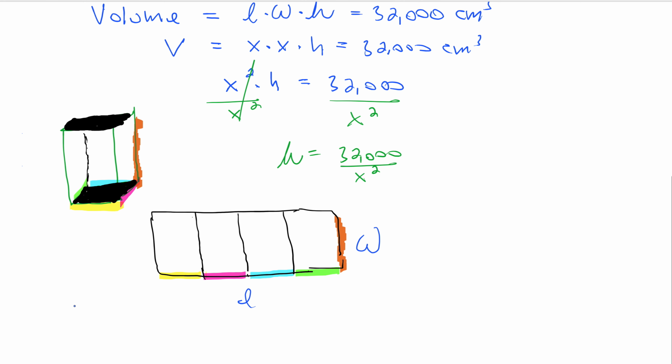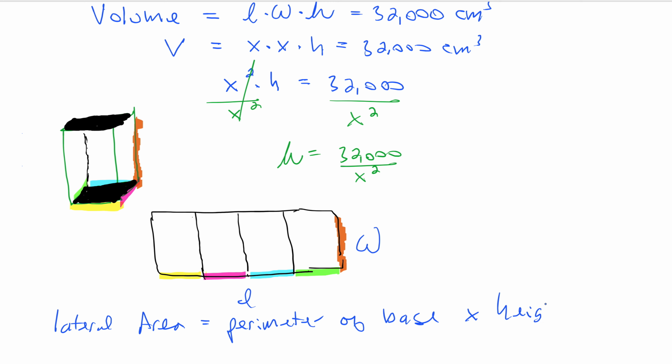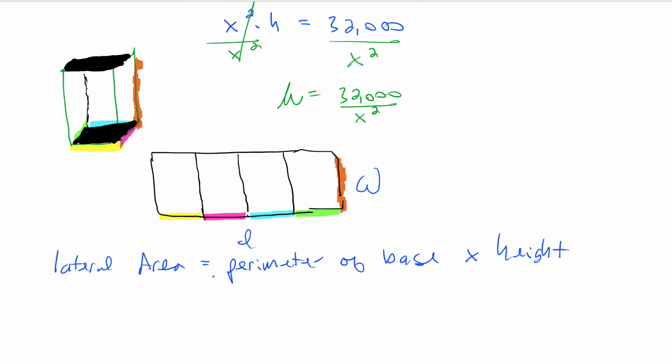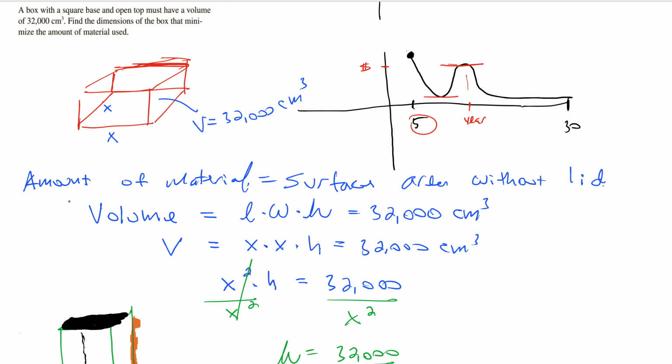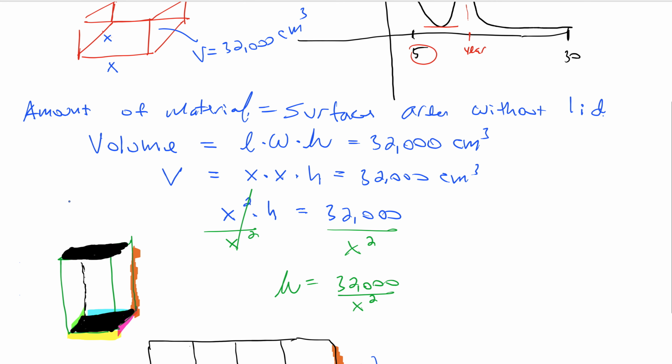So lateral area equals perimeter of the base, which is the colored lengths, times your height. Okay, so, well, no problem. In our example here, our perimeter of our base is x, actually.